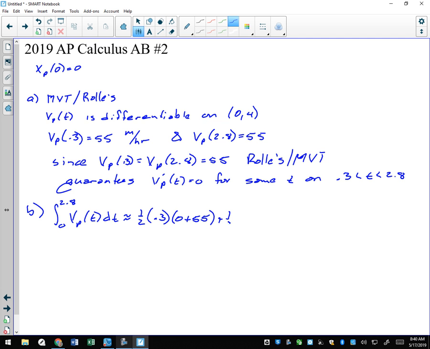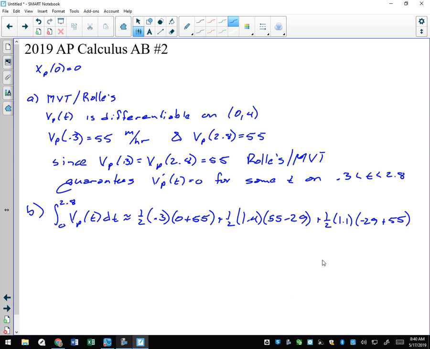My next trapezoid goes from 0.3 to 1.7. That is a distance of 1.4. And the sum of the bases of that trapezoid would be 55 minus 29, so we have a value of negative 29. And then 1.7 to 2.8, that is a distance of 1.1. So the height of that trapezoid is 1.1, and the sum of the bases would be negative 29 and 55.